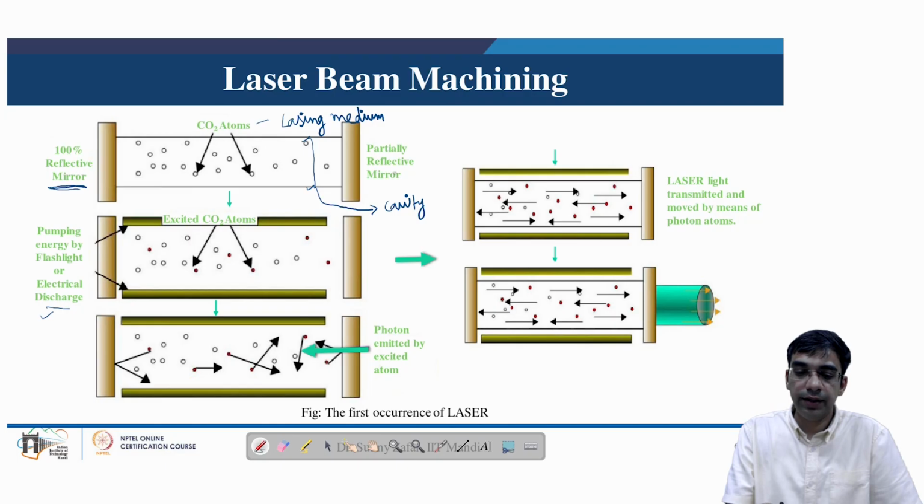The partially reflective mirror allows some of the laser to pass through it to the outside, and subsequently this laser beam may be used for machining or welding or other manufacturing processes. So upon going to the excited state, then entering the metastable state, when there is stimulated emission, the photon is emitted by all these excited atoms, and this emitted photon is then transmitted in the form of laser from the partially reflecting mirror.